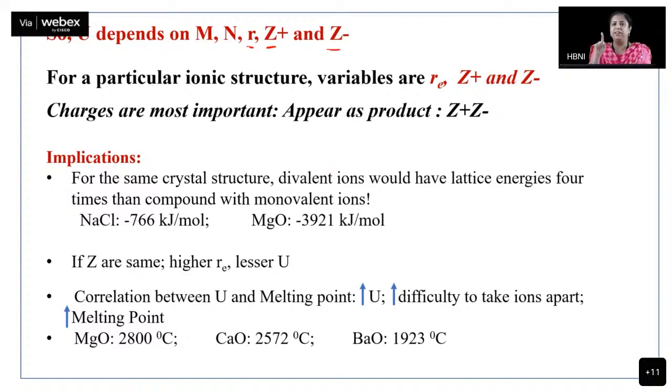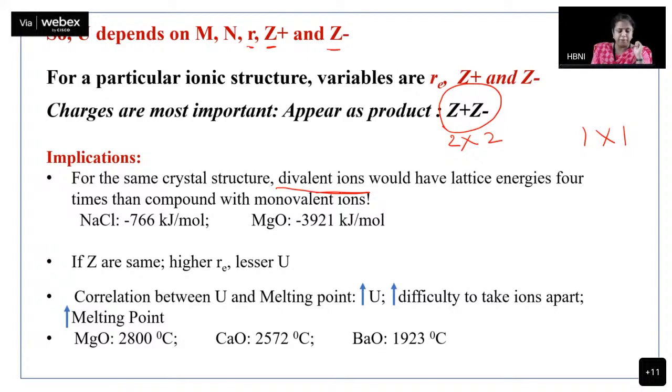But given the fact that the charges on magnesium and oxygen are more than Na and Cl, and that in the lattice energy expression Z plus and Z minus appear as a product, it is 1 into 1 for NaCl and 2 into 2 for MgO. For the same crystal structure, the divalent ions would have lattice energy that is 4 times as compared to the compound with the monovalent ions. I hope this is clear. Next time, if somebody tells you this, you should come up with the answer in a jiffy.